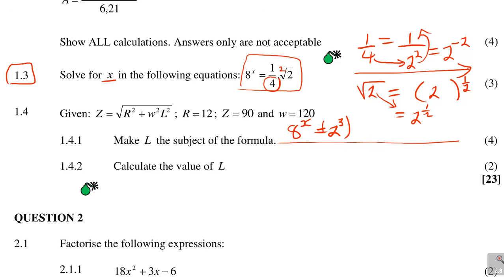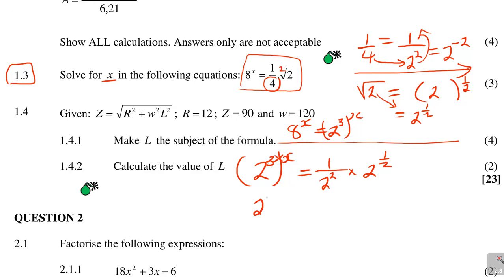But you put a bracket, you put the x there. Are you seeing that? So when you write this, so that you don't lose marks, you're going to say 2 to the power of 3 bracket x is equal to 1 over 2 to the power of 2 times 2 to the power of 1 over 2. That's the first important step. Then you know these two, they multiply.